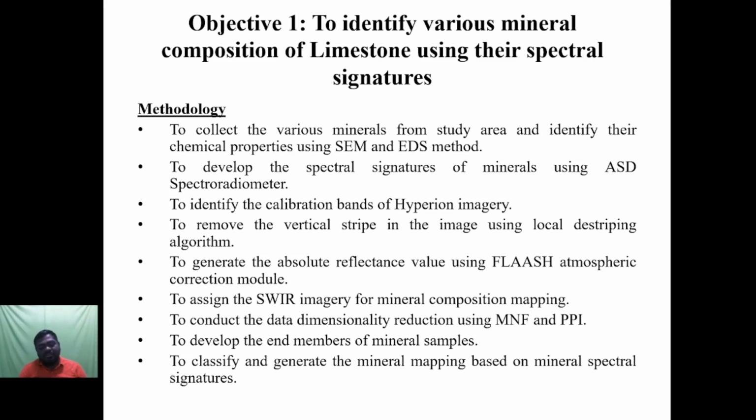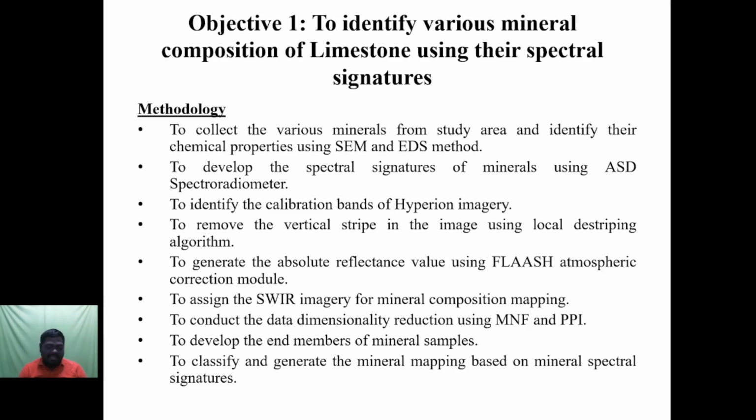After that, we need to do data dimensionality reduction using the minimum noise fraction and pixel purity index methods. The minimum noise fraction is for spectral data reduction, and the PPI, pixel purity index, is used to identify the spatial data reduction.